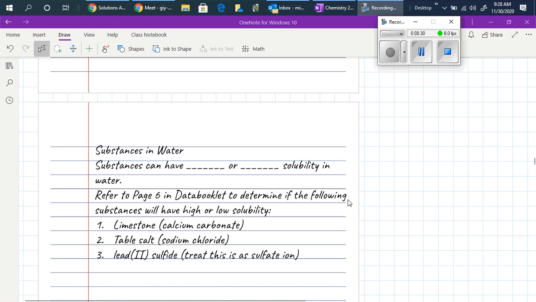We will refer to your data booklet, on page 6, where we will see that some substances have a high solubility and some substances have a low solubility in water. When we see, let's say, limestone, which is calcium carbonate, we refer to the data booklet on page 6.